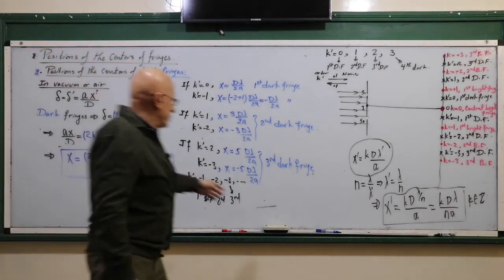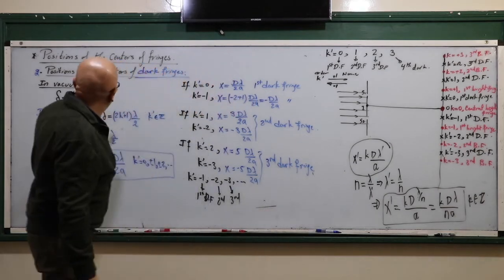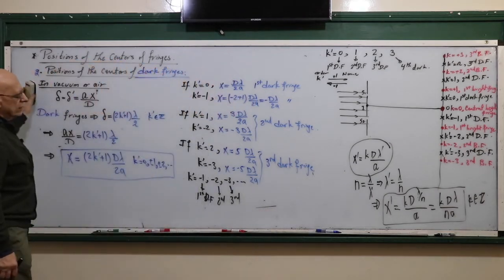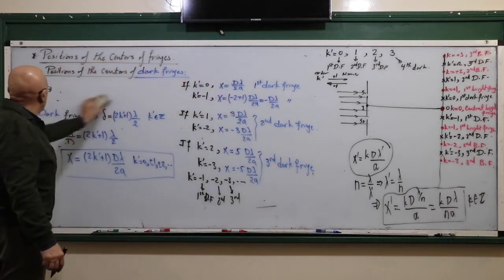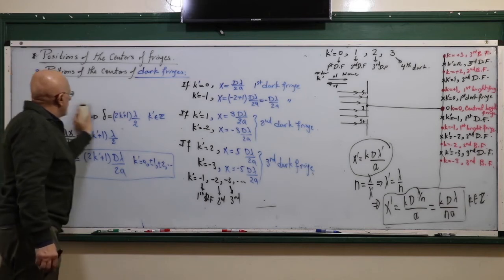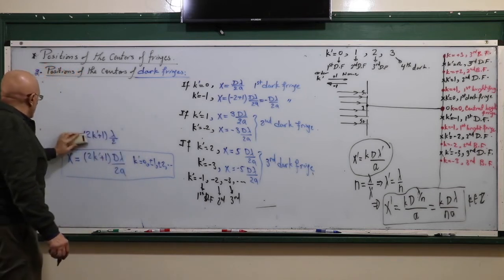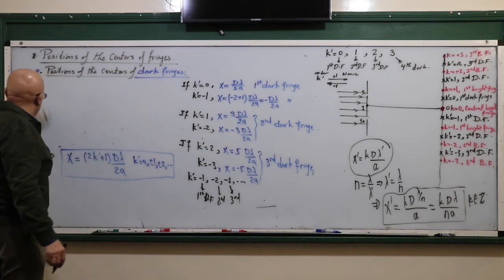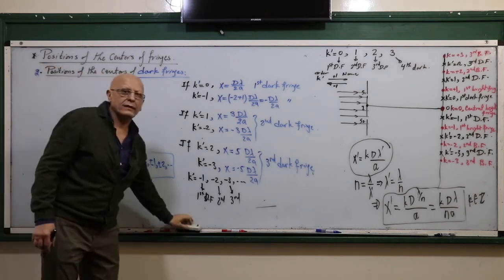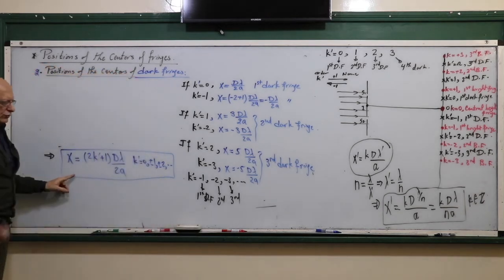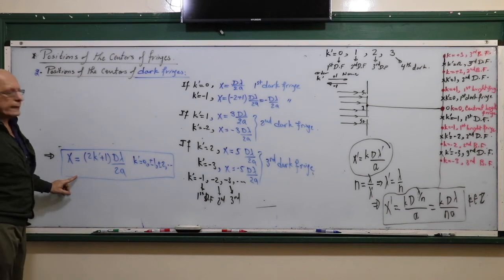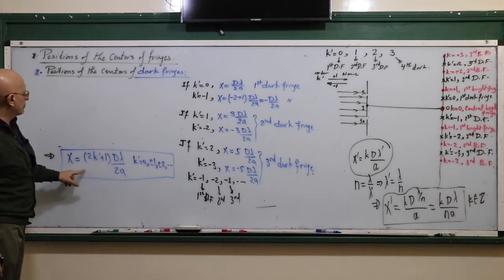Now, suppose you have a medium of index n. What are the positions of the dark fringes? I am going to use the second method in order to find the positions of the dark fringes in a medium.